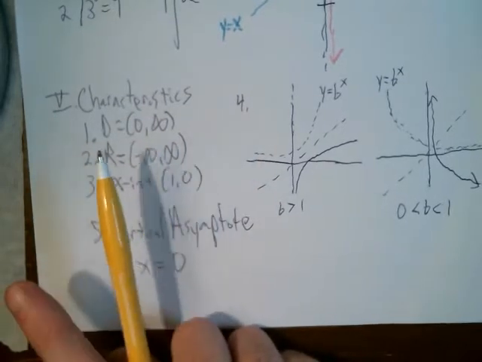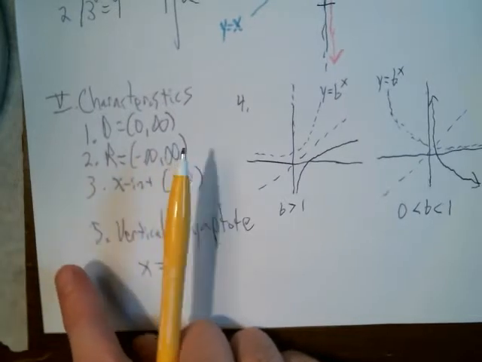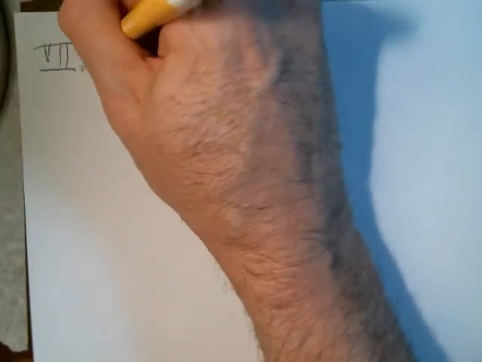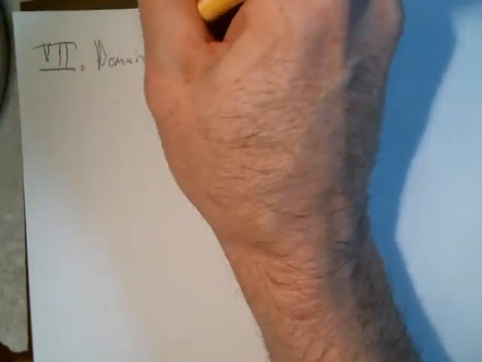Rational functions, we had to watch out for division by 0 in the denominator. Logarithms turn out to be another issue. So when you're defining your domains now, you're going to have to say the domain of the function is all real numbers except where there's division by 0, negatives under the radicals, or anything less than or equal to 0 in the logs. Okay, so it's just another thing to remember. Section 7, the domain of the log.